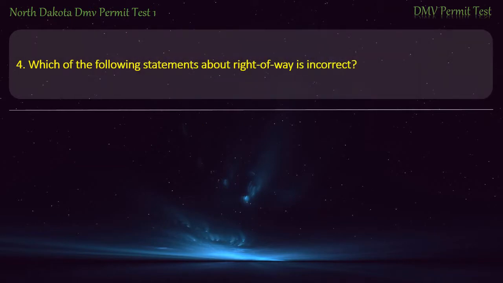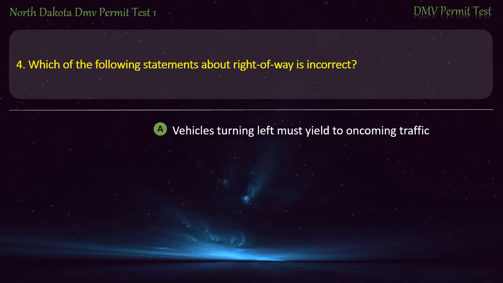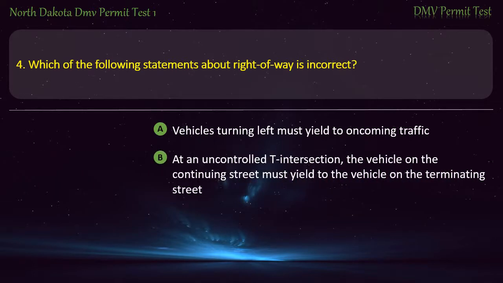Question 4. Which of the following statements about right-of-way is incorrect? Vehicles turning left must yield to oncoming traffic. At an uncontrolled T intersection, the vehicle on the continuing street must yield to the vehicle on the terminating street.